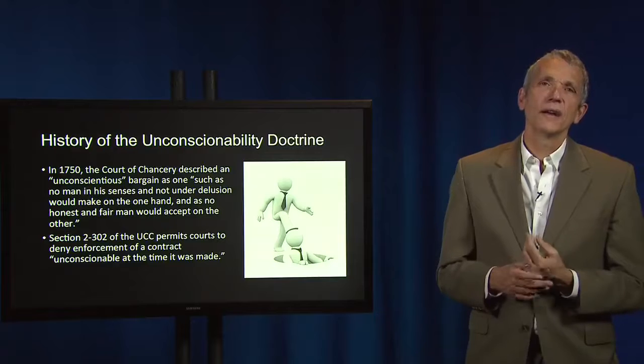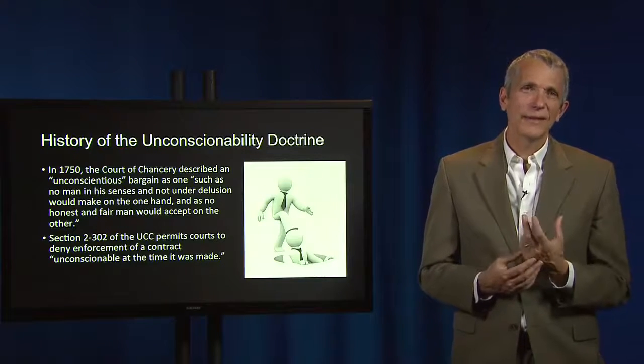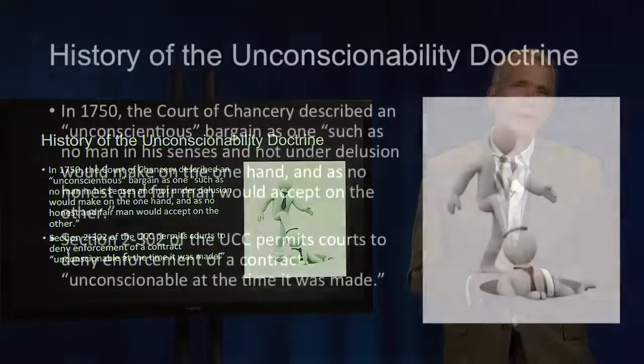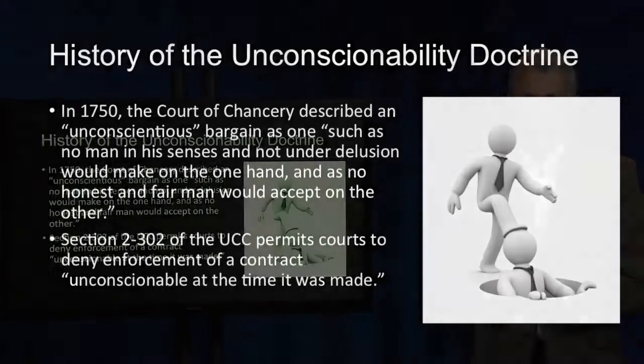The modern unconscionability doctrine is only about 50 years old, but has historical antecedents. In 1750, the Court of Chancery described an unconscientious bargain as one such as no man in his senses and not under delusion would make on the one hand, and as no honest and fair man would accept on the other.